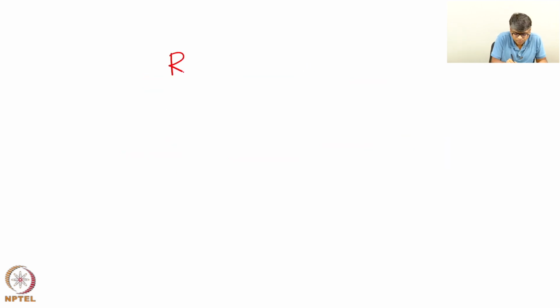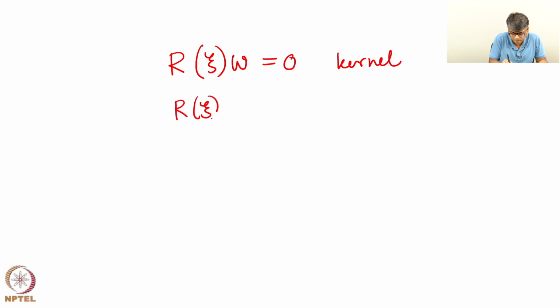We will say, of course, that when we have R(ξ)w equal to 0, this is just a kernel representation. When we write R(ξ)w equals M(ξ)l, we are going to call this a latent variable representation.